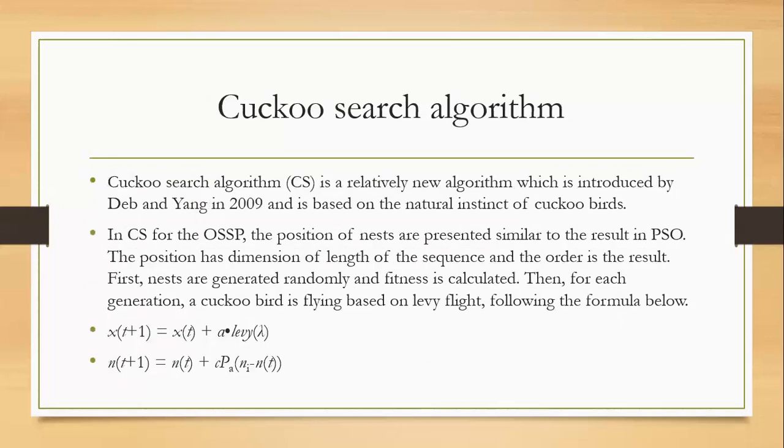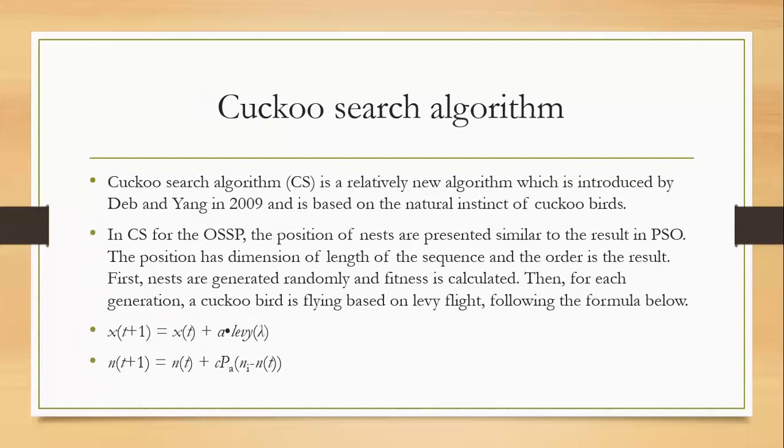Cuckoo search algorithm. Cuckoo search algorithm is a relatively new algorithm. In CS for the OSSP, the position of nests is presented similar to the results in PSO. The position has a dimension of the length of the sequence, and the order is the result.